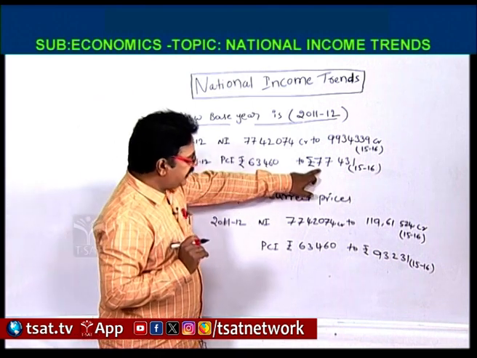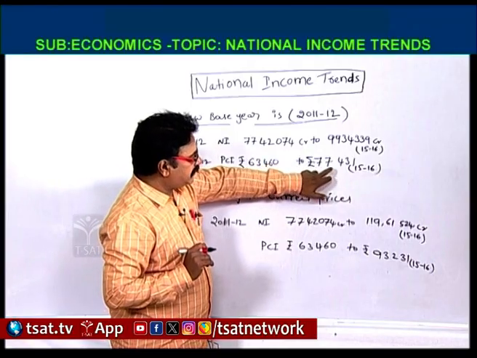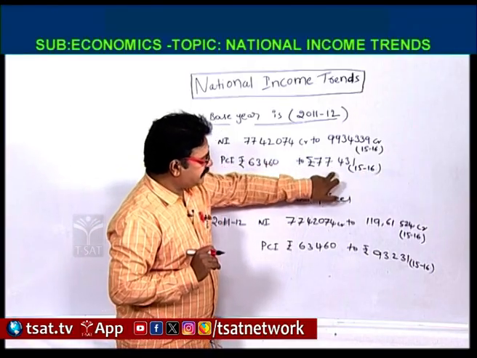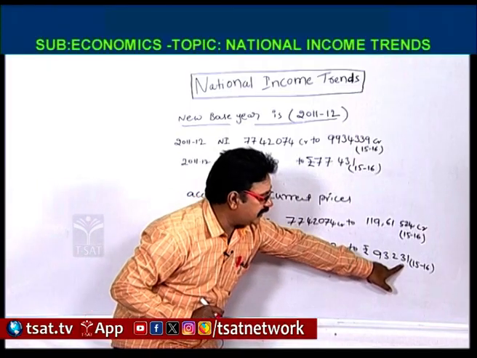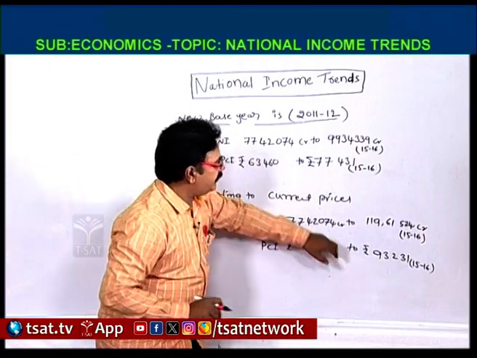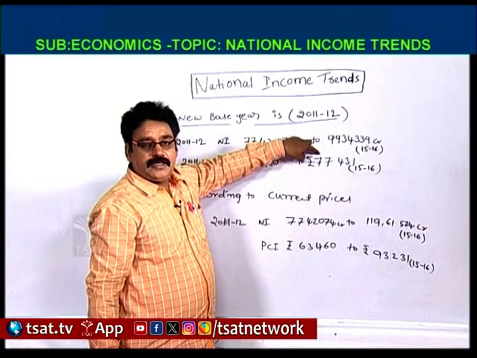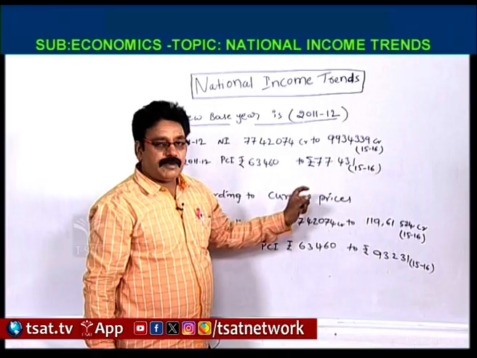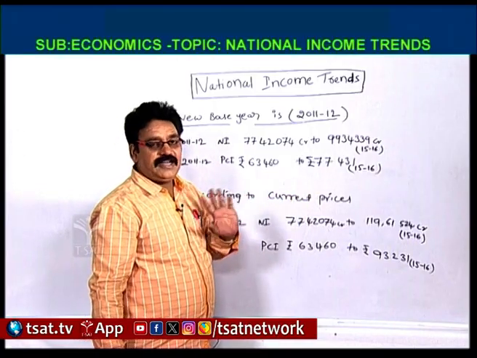If you observe the same per capita income according to current prices, that means 2015-16 prices, it is 93,231 rupees. The difference between 77,000 and 93,000 is because of the price rise, not a real increase.